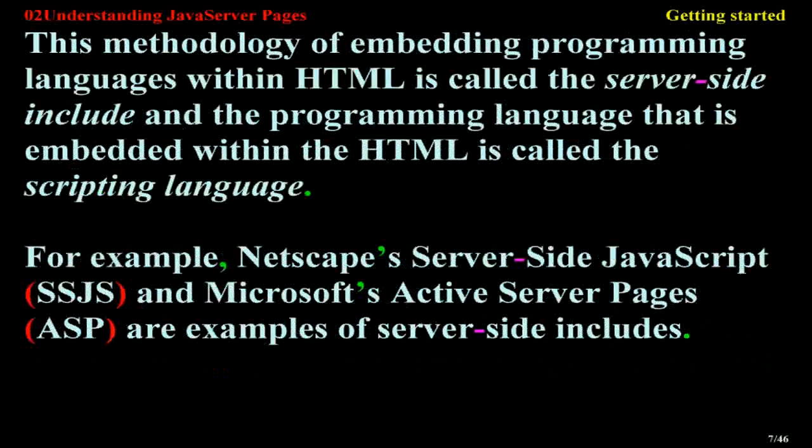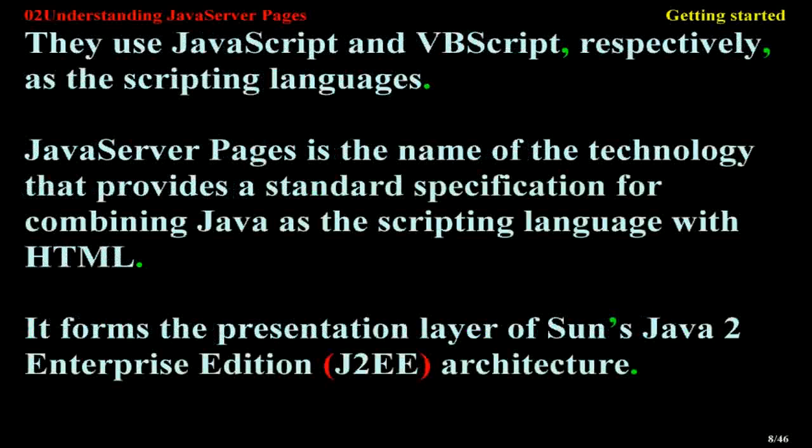This methodology of embedding programming languages within HTML is called the server-side include, and the programming language that is embedded within the HTML is called the scripting language. For example, Netscape server-side JavaScript (SSJS) and Microsoft's Active Server Pages (ASP) are examples of server-side includes. They use JavaScript and VBScript, respectively, as the scripting languages.